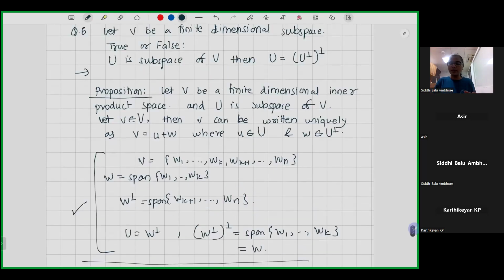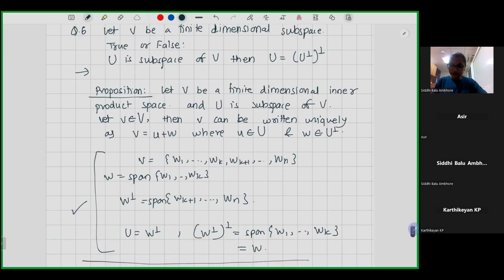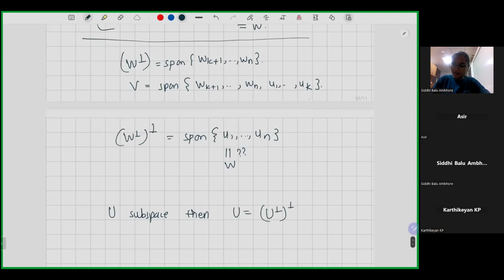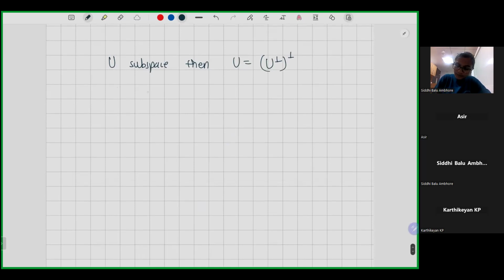It will be yes, but we have to give some argument for that. So we have to prove that U is a subspace, then we have to show that U is equal to U perp. That is exactly what we will be proving here, that this is actually W. So how to do this?